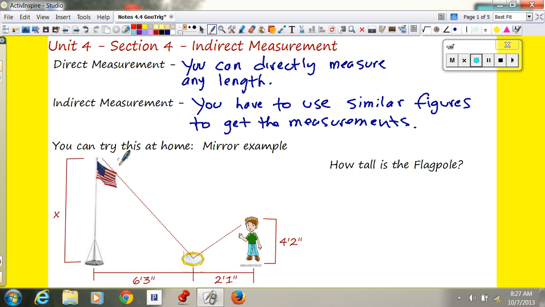You have to use similar triangles. You could use similar quadrilaterals, pentagons, whatever. We are going to mostly use triangles.